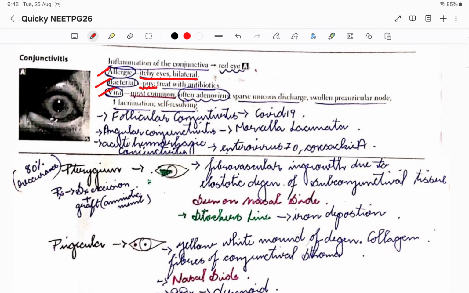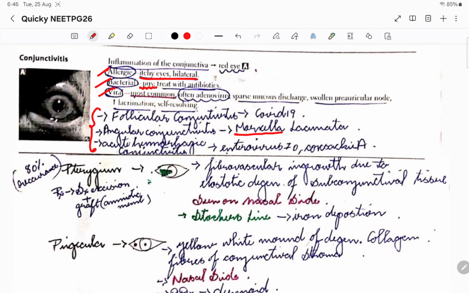Then coming to follicular conjunctivitis, in COVID-19 we used to have follicular conjunctivitis. This is an extra edge point. Then there is something called angular conjunctivitis. These are certain special types of conjunctivitis. So follicular conjunctivitis: COVID-19; angular conjunctivitis: Moraxella.